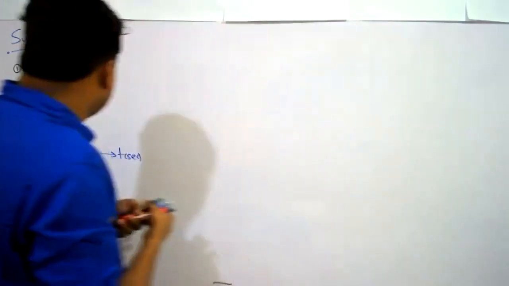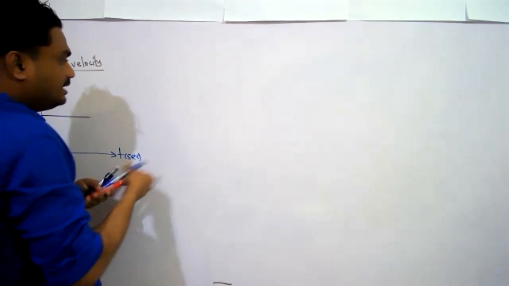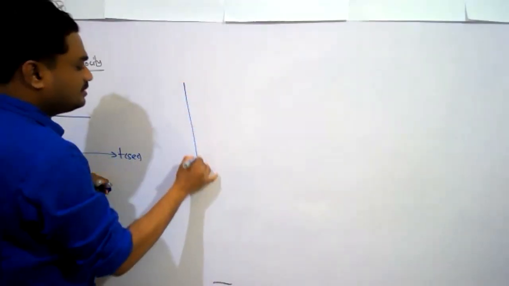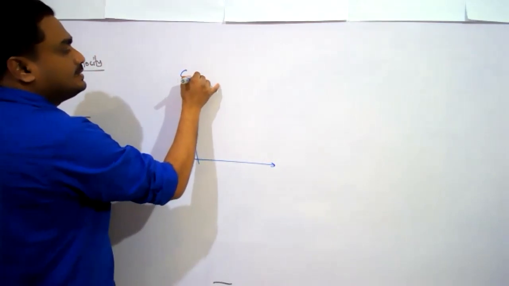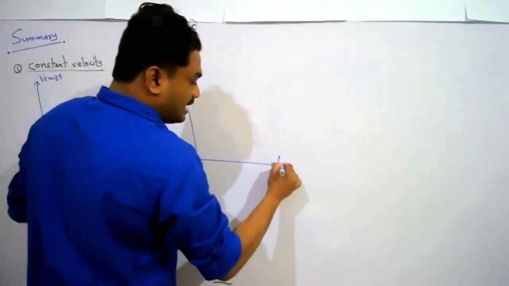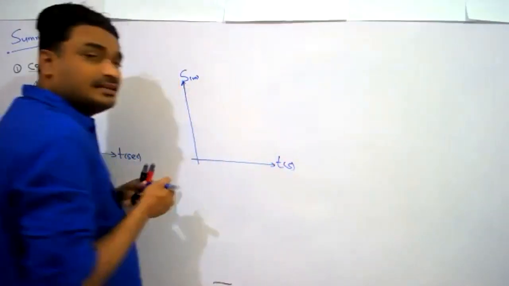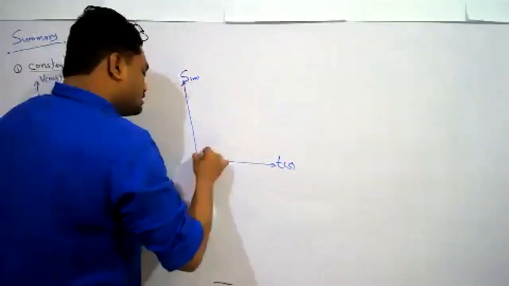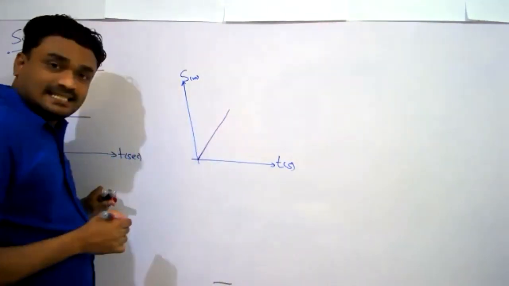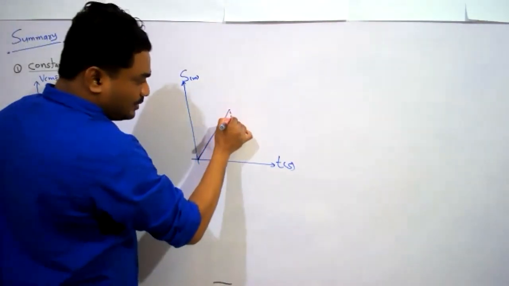How do you represent the same motion in a displacement time graph? For the displacement, let me use the letter S, and for time, we use simple T. So in a displacement time graph, constant velocity is indicated something like this. And look at the board.